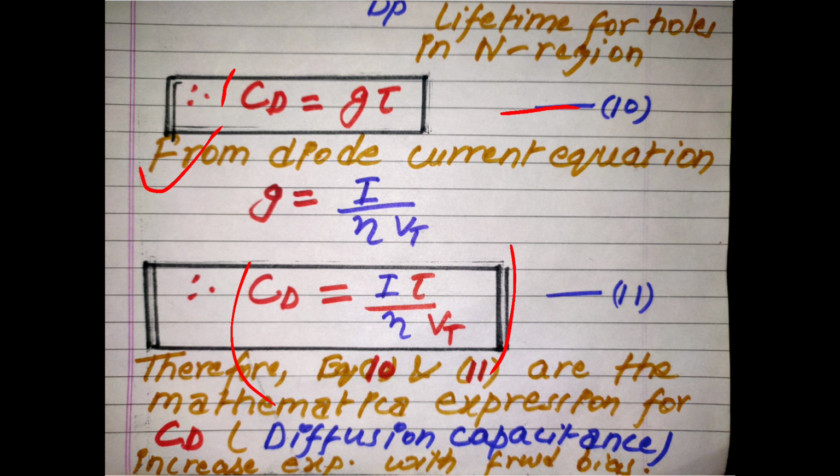Therefore, equations number 10 and 11 are the mathematical expressions for CD, which is known as diffusion capacitance, and it increases exponentially with the forward biasing.